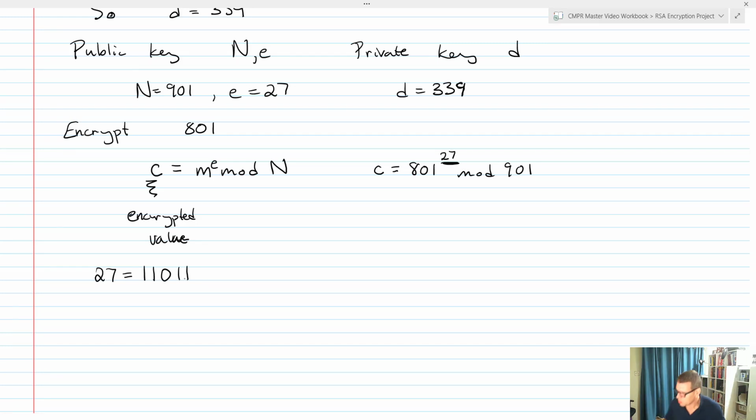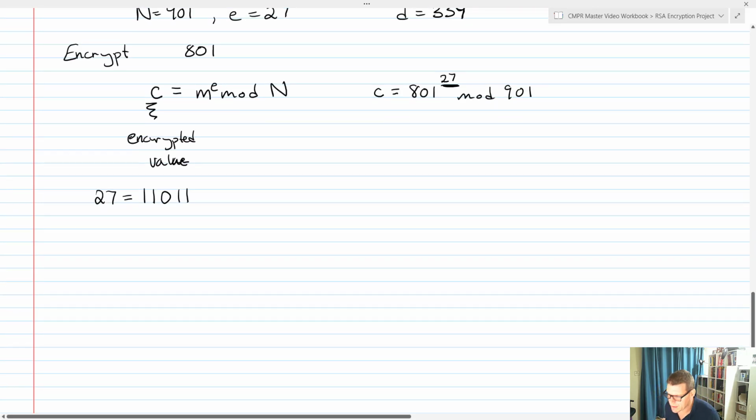So what I'll do now is rewrite 801 to the 27th, which is going to equal 801 to the 2 to the 4th times 801 to the 2 cubed, 801 times 801, and we're not going to need 2 squared. But we'll just have times 801 to the 2 to the 1, and this is 801 to the 2 to the 0, and it'll be mod 901.